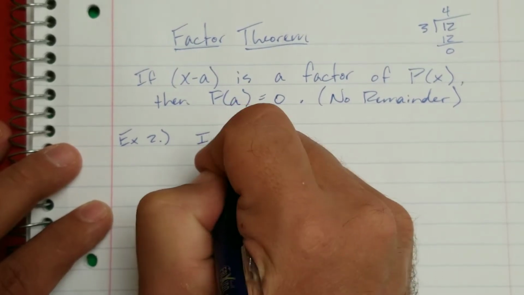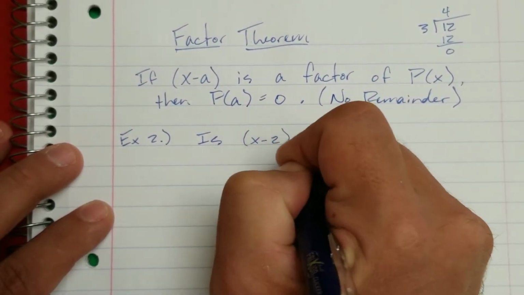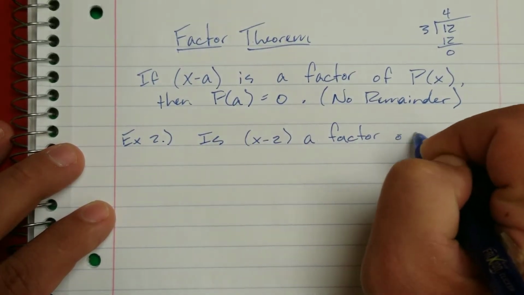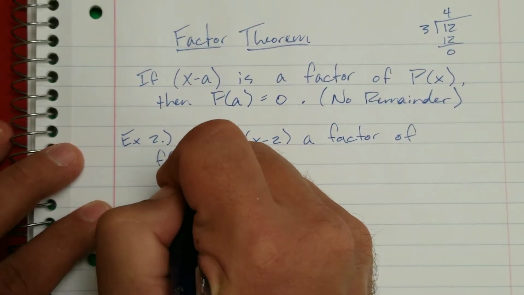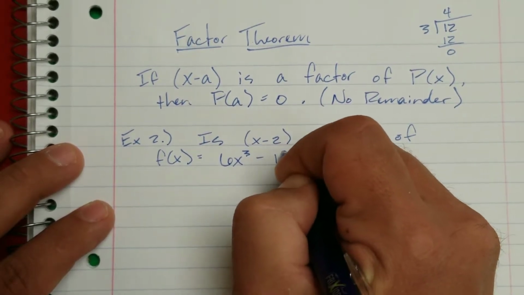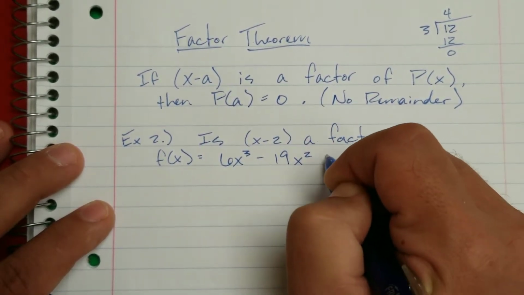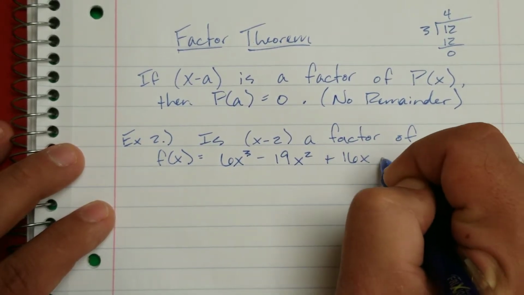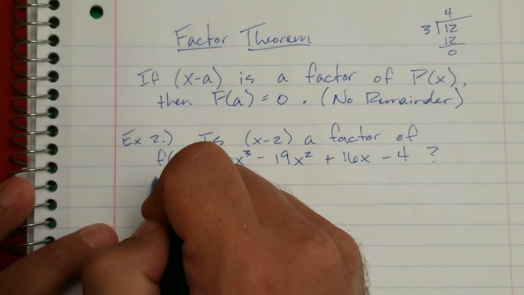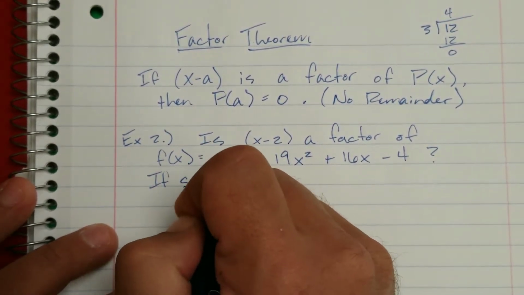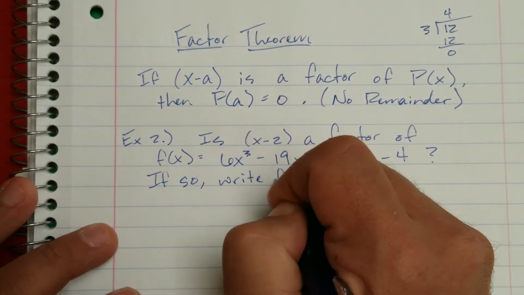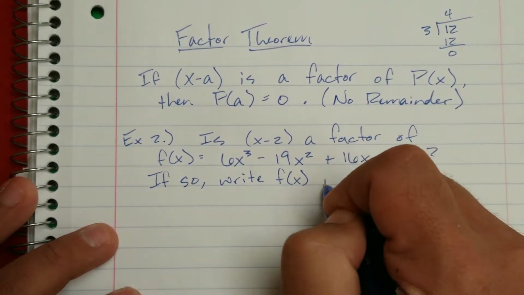The question is, is x minus 2 a factor of function f, 6x cubed minus 19x squared plus 16x minus 4? And let's take it a step further. If so, if it is a factor, then let's write f of x in factored form.